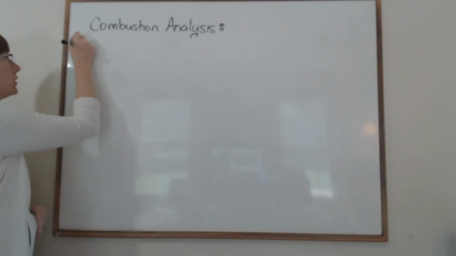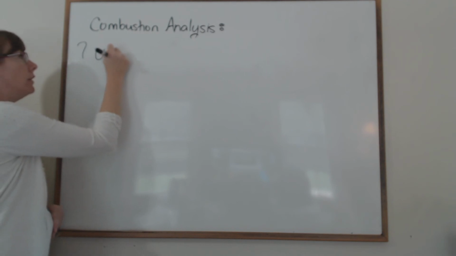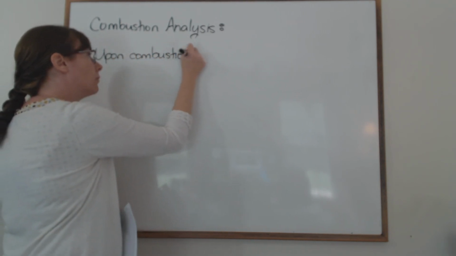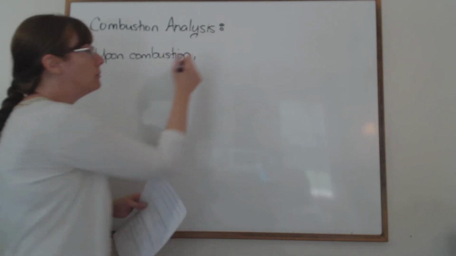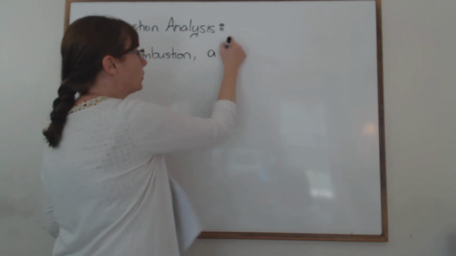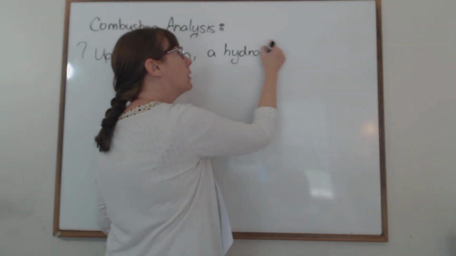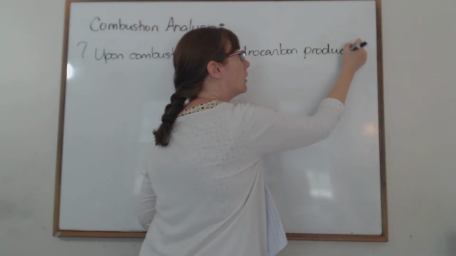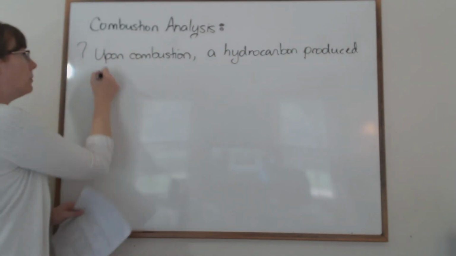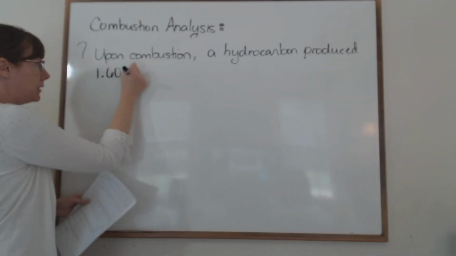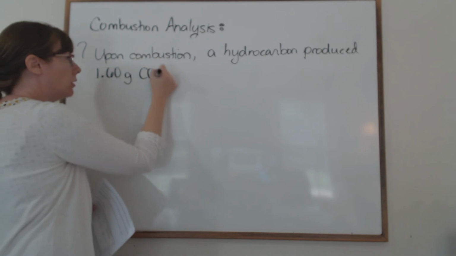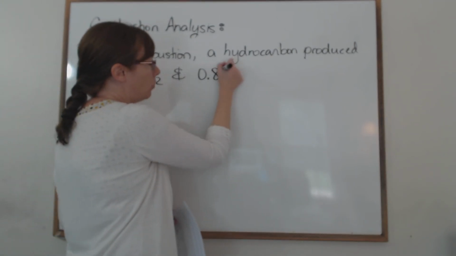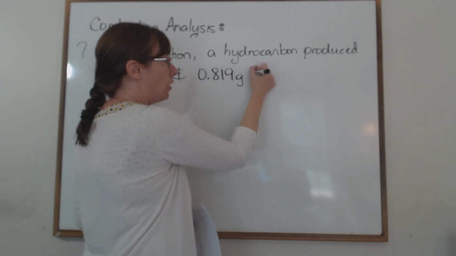All right, practice question. Upon combustion, that's burning in the presence of oxygen, a hydrocarbon produced 1.60 grams of CO2 and 0.819 grams of water.